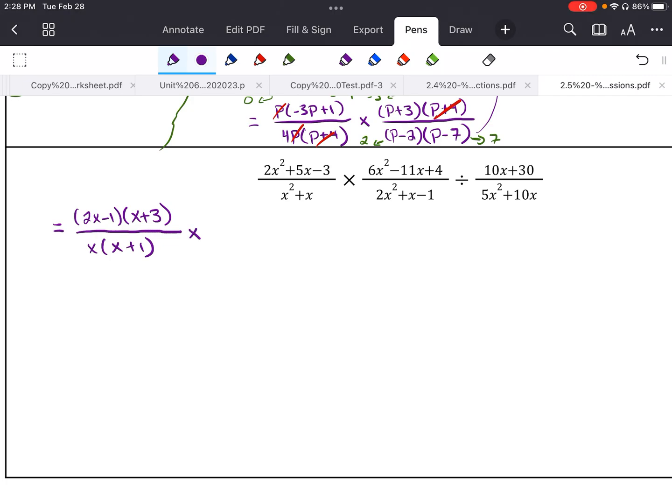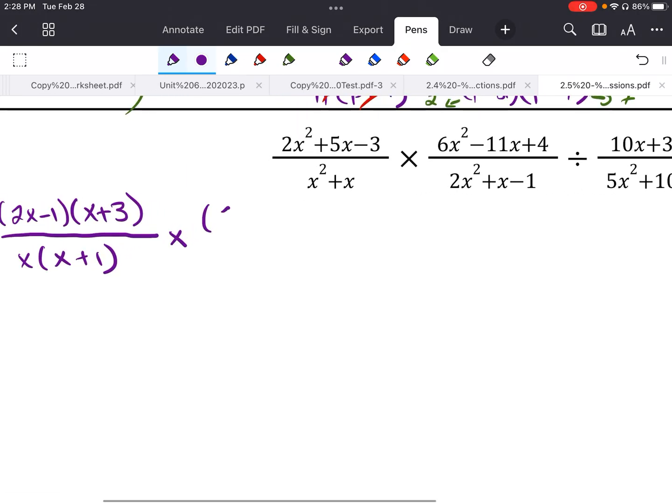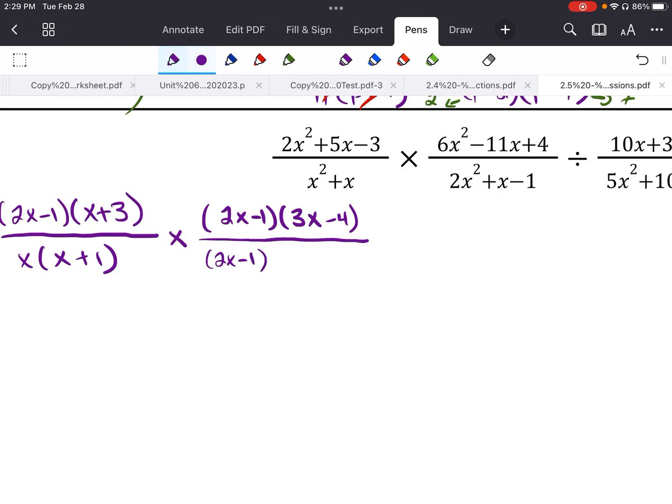Okay, that multiplied by complex factoring will give you 2x minus 1, 3x minus 4. And on the denominator we have 2x minus 1, x plus 1.